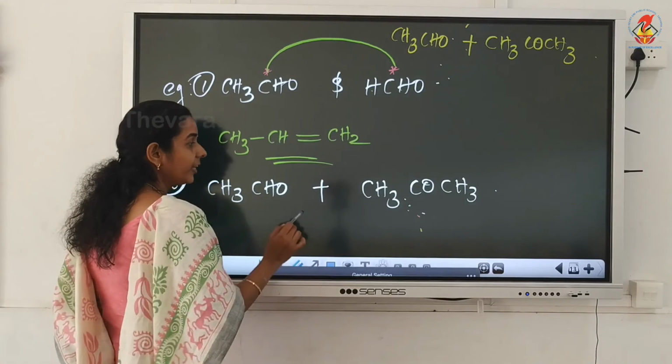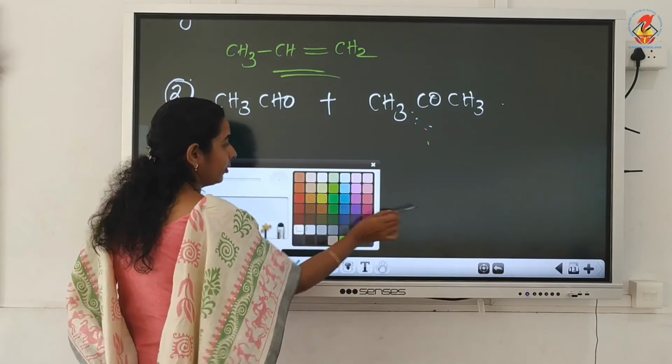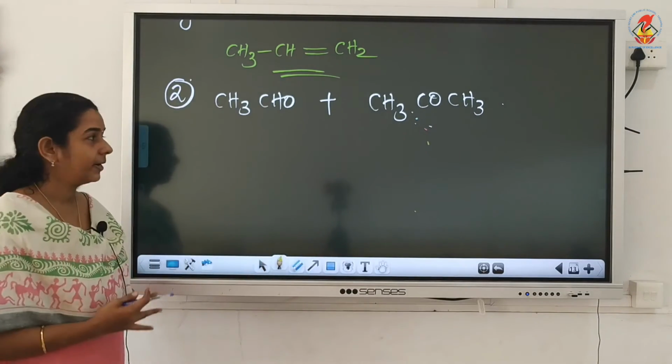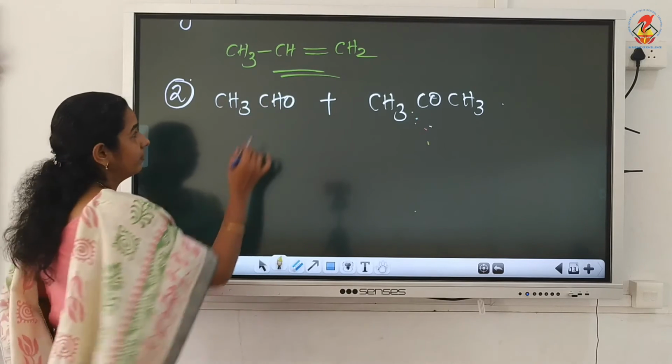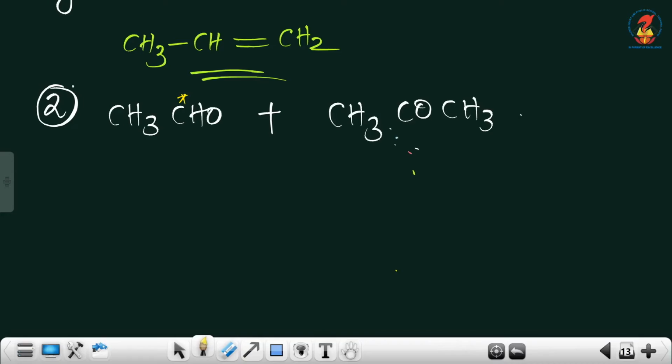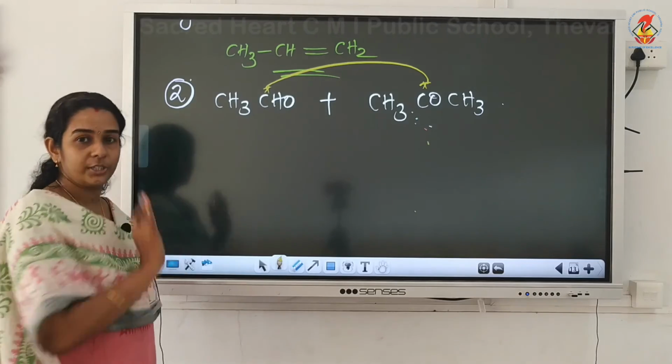How can we identify the alkene? It is only a tip to identify. Mark the carbonyl carbon in both. Which is the carbonyl carbon here? CHO carbon. Which is the carbonyl carbon here? CO carbon. Now we have to connect these two carbon atoms using a double bond after removing oxygen from both.